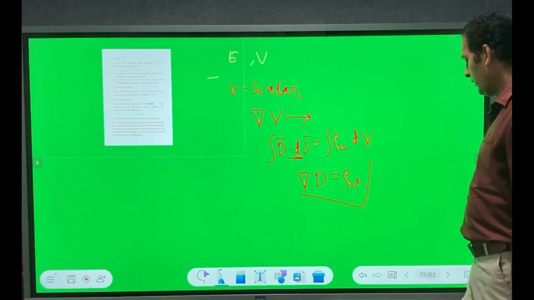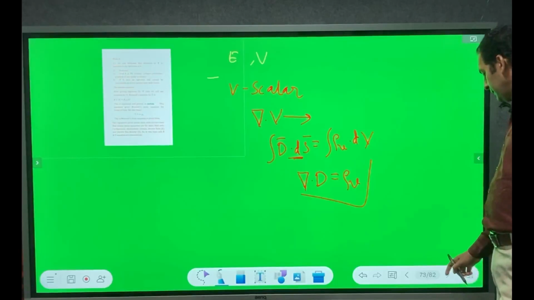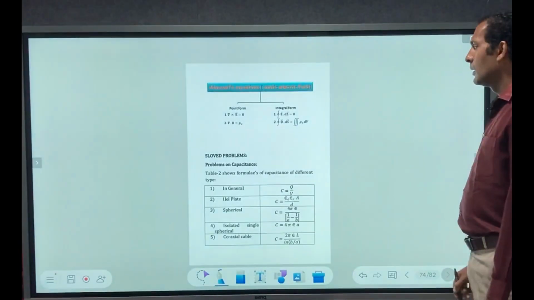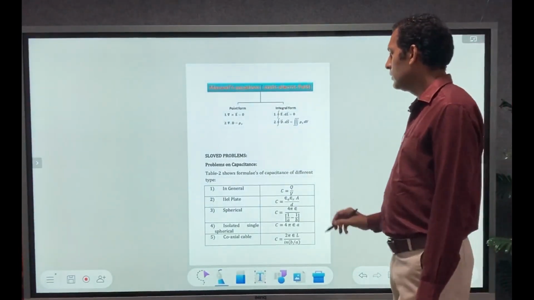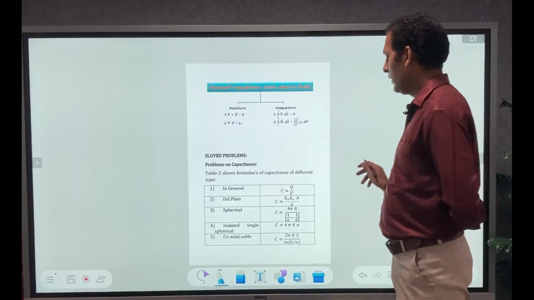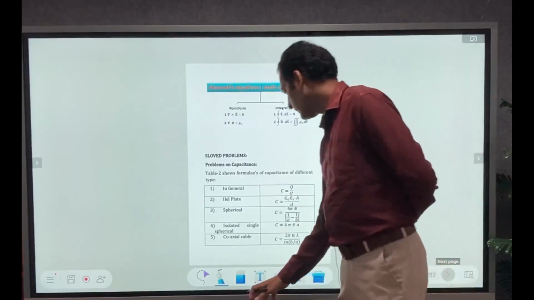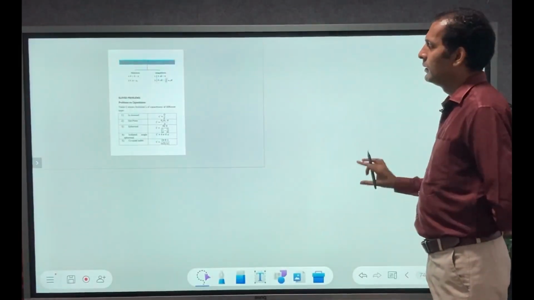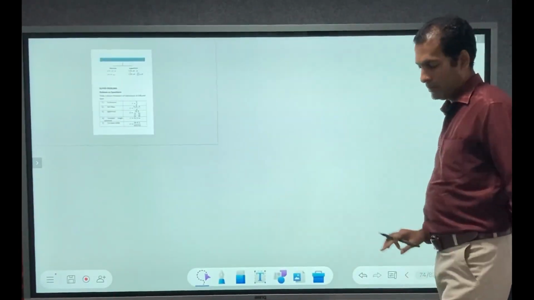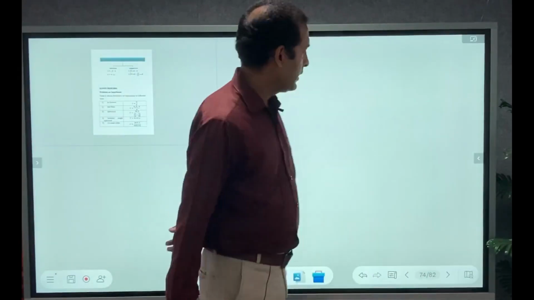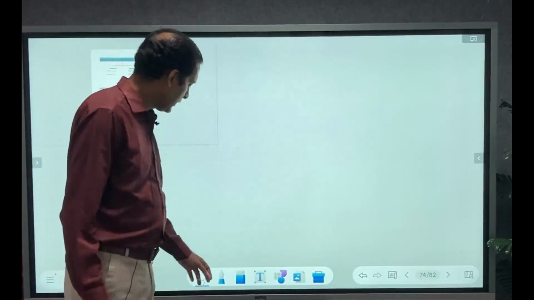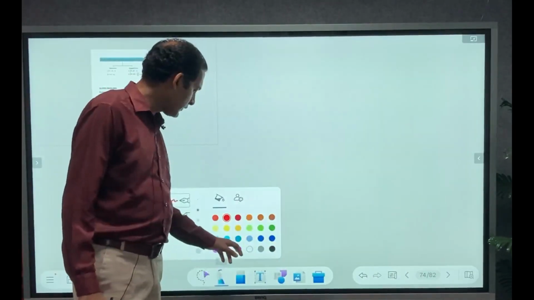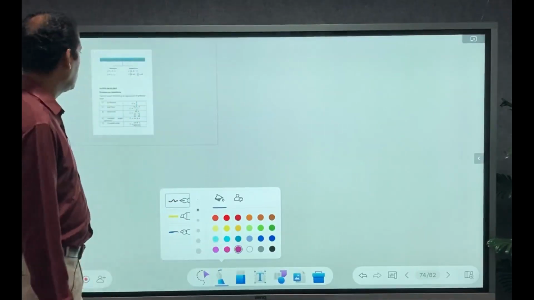This is also the point form we have derived in this chapter. So Maxwell's equations can be expressed in point form and integral form. If we want to revise this chapter in short, we will go through Maxwell's equations along with the capacitance formulas we have calculated.